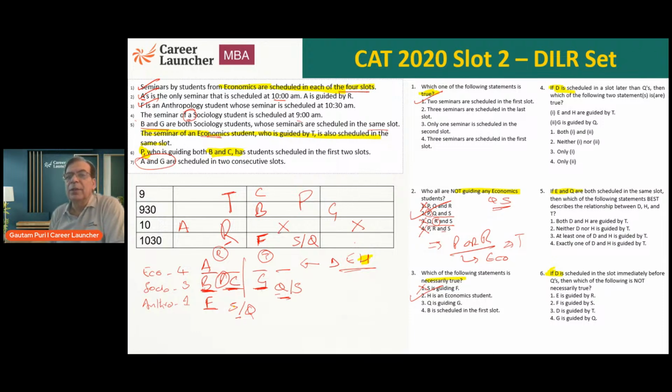Next question. If D is scheduled in a slot later than Q. Which are the slots available for Q? Q is guiding either F or G. Okay, so F is here and G is here. So let me write Q and S here also.